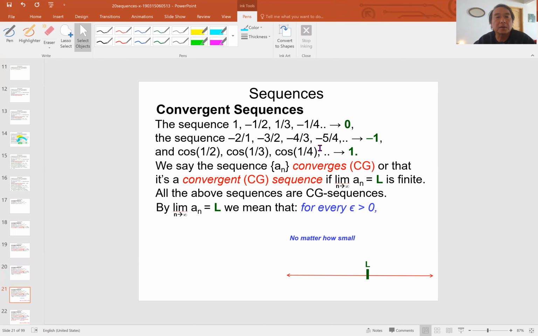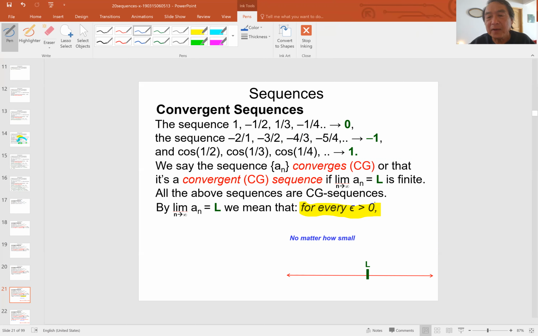Here is a more detailed, clearer definition of a converging sequence. By the sequence converges to L, we mean for every epsilon. You will see this phrase in mathematics quite often.